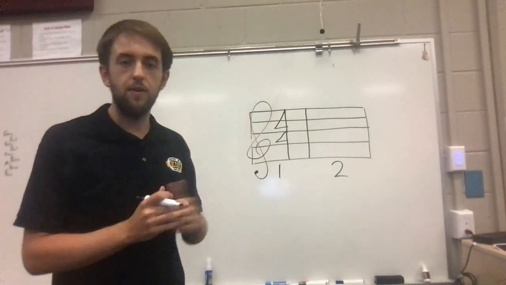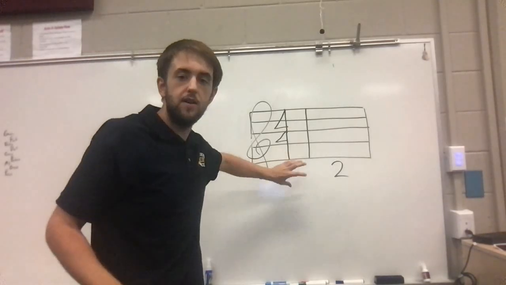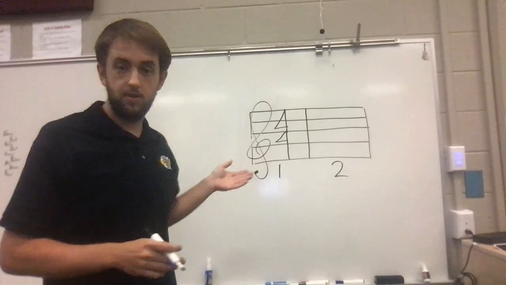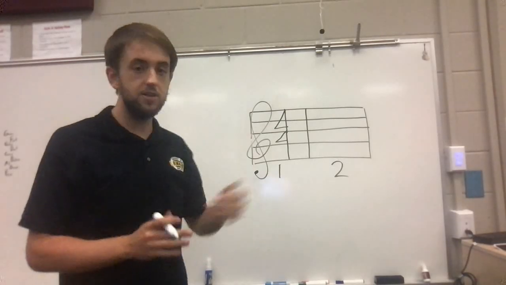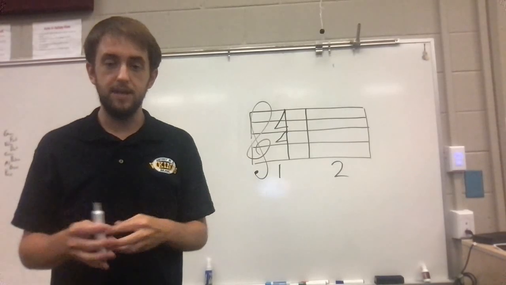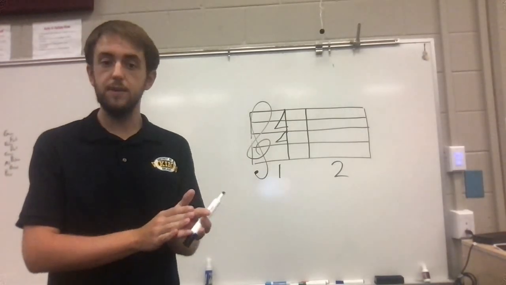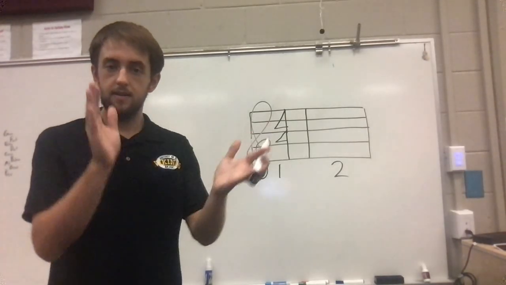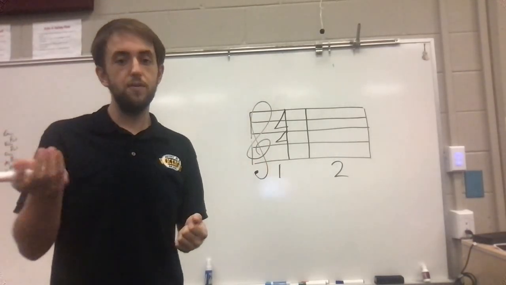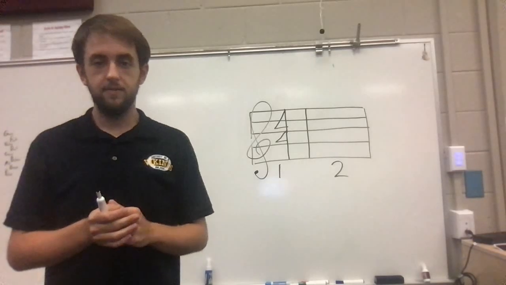When you see the 4 over 4, that says every one measure gets exactly 4 beats. In this, you have 2 measures, each with 4 beats. That's a total of 8 beats. So first measure would be measure 1. 4 claps, 4 beats, we're in 4.